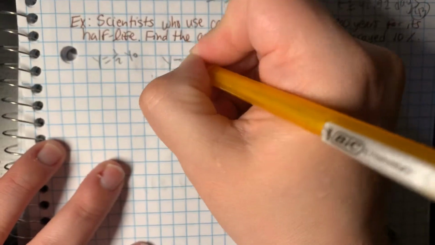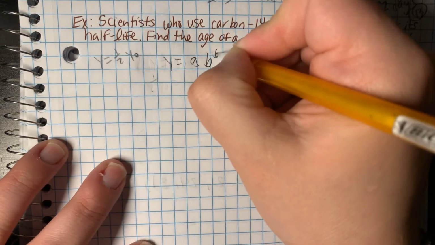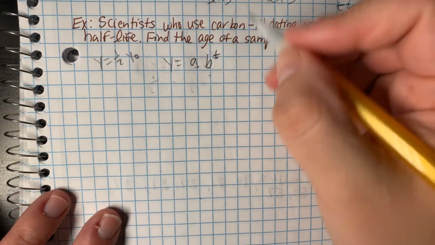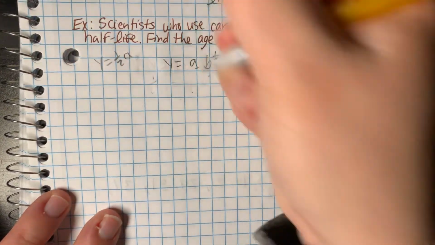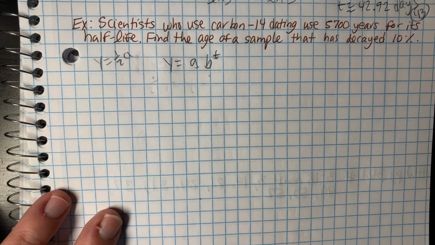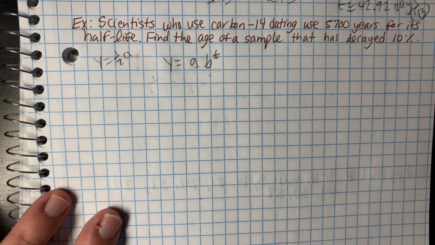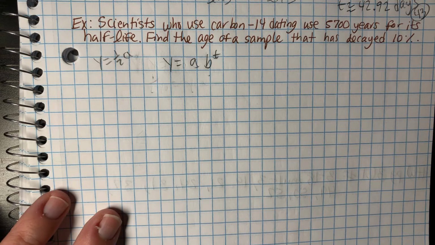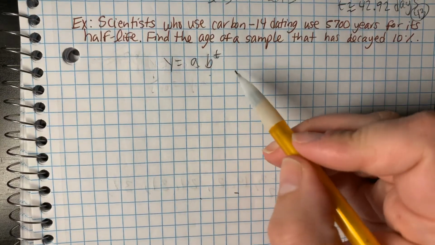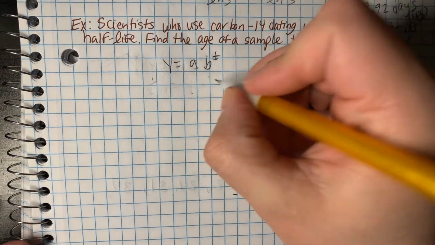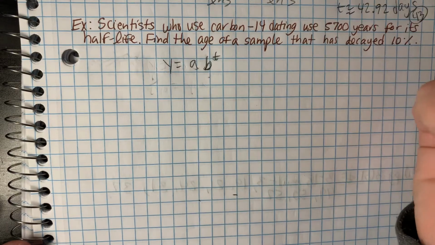So this equation, okay, we know that y is going to equal 1/2 of A. Okay, but we don't actually need that information because we're not working with half-life. We just know it's half. So this half-life information is just going to be what our base is because we know we're working with a half-life.